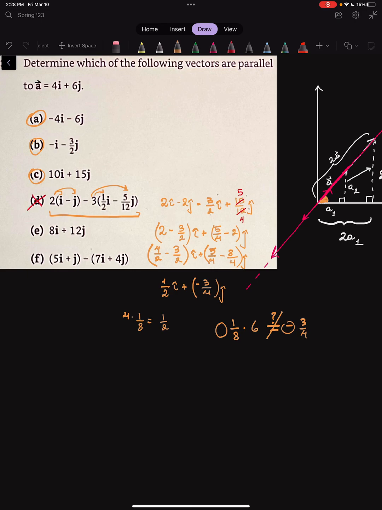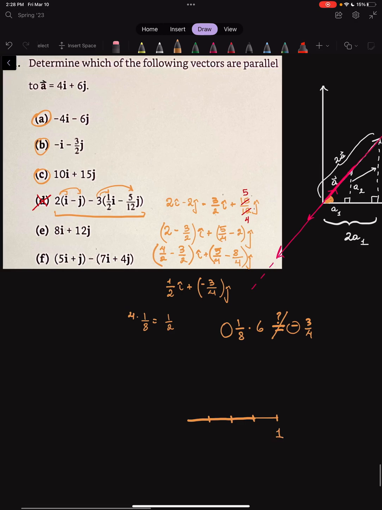And if you had some doubts, you could go ahead and graph them and see if they are parallel or not. And let's think about it. If this is 1/2, so say this is 1, 2, 3, 4. So 1/2, if this is 1, this would be 1/2, right?